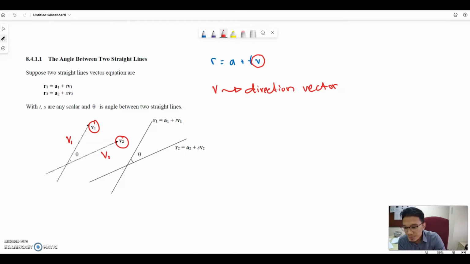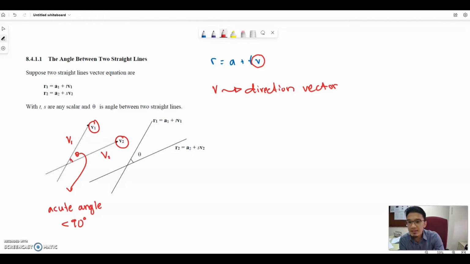By using these two vectors, we can find the angle in between them, which is represented by theta, and this theta must be an acute angle.